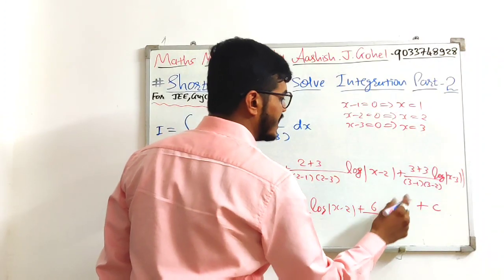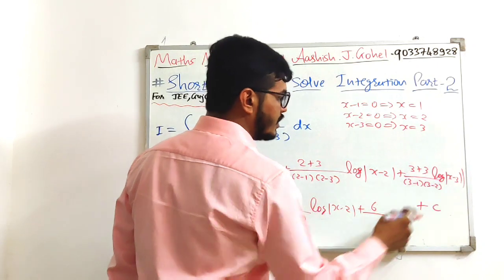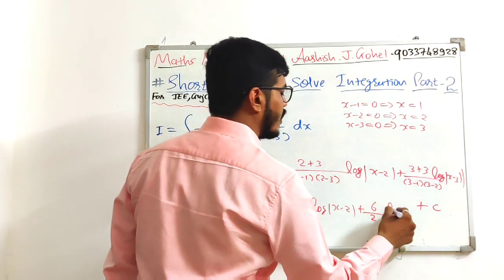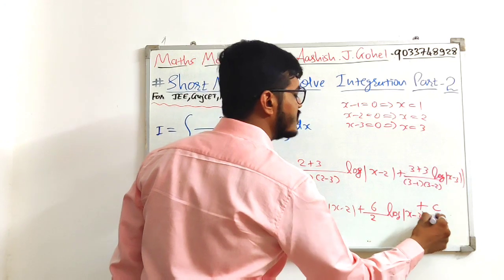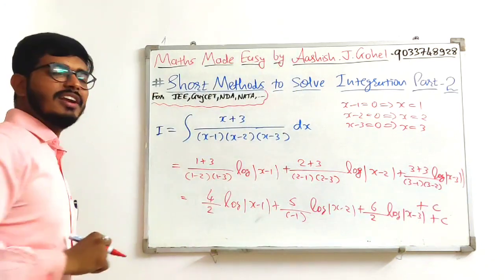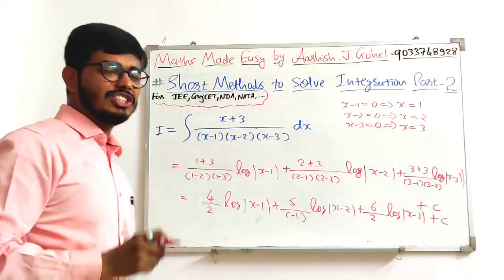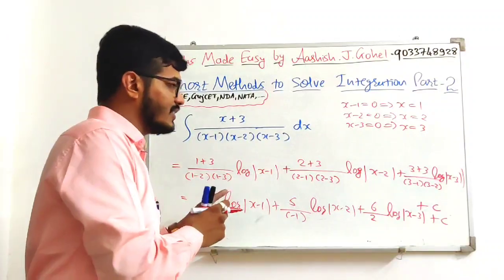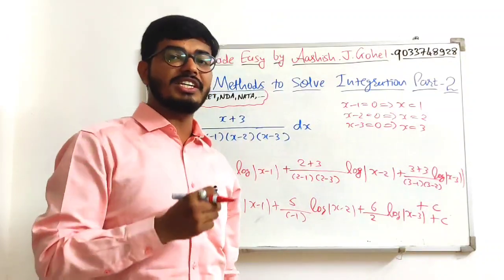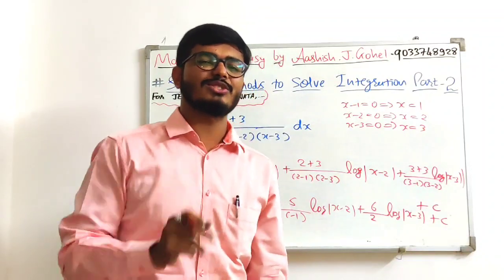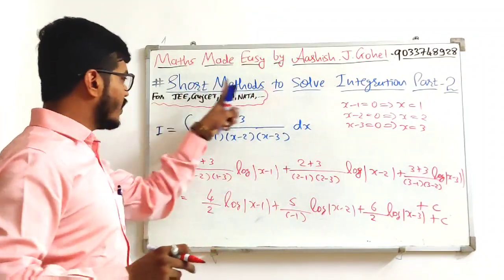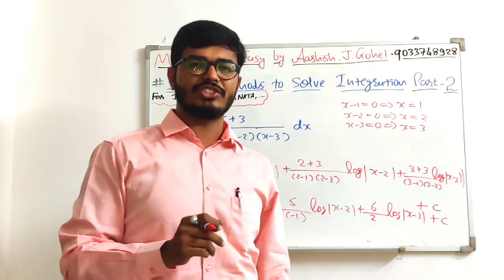Here plus 6 divided by (3 minus 1) which is 2, and (3 minus 2) which is 1, so log of x minus 3 plus c. Here is your answer. Isn't it a very short technique, and the short one will take less time? So you can apply this method for any kind of competitive examination.